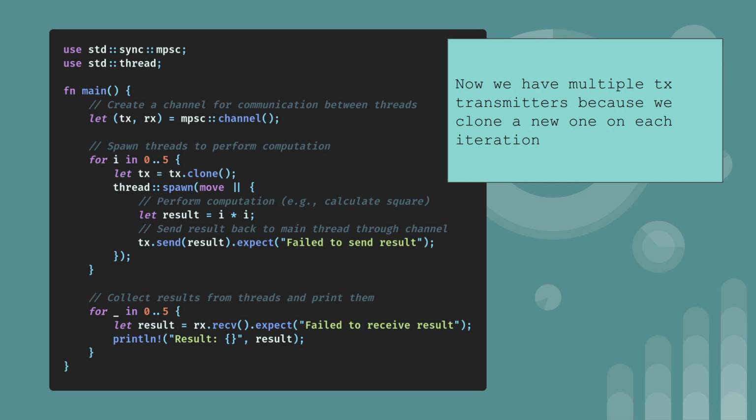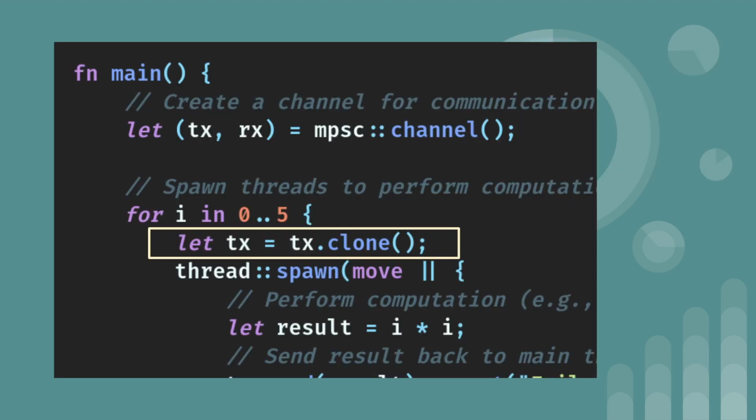So we'll have 5 threads as well as the main thread, and we'll have 5 transmitters. And then at the end, we're just using the underscore. We're just iterating from 0 to 5, and we're just going to collect or receive all of what we sent. And you can see we're doing result i times i, just to calculate the square.